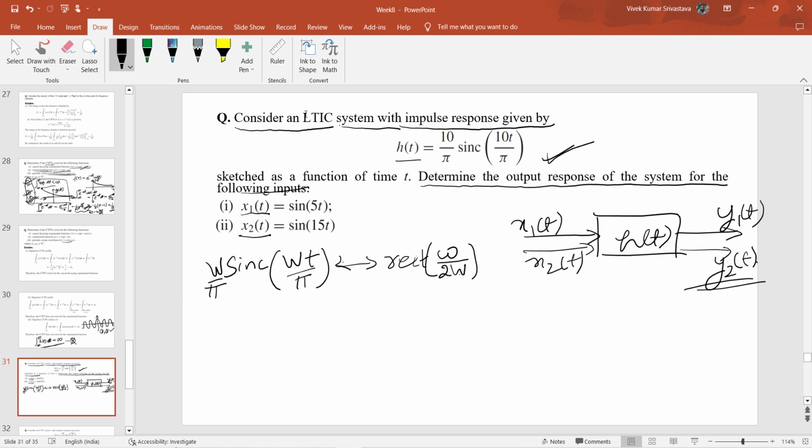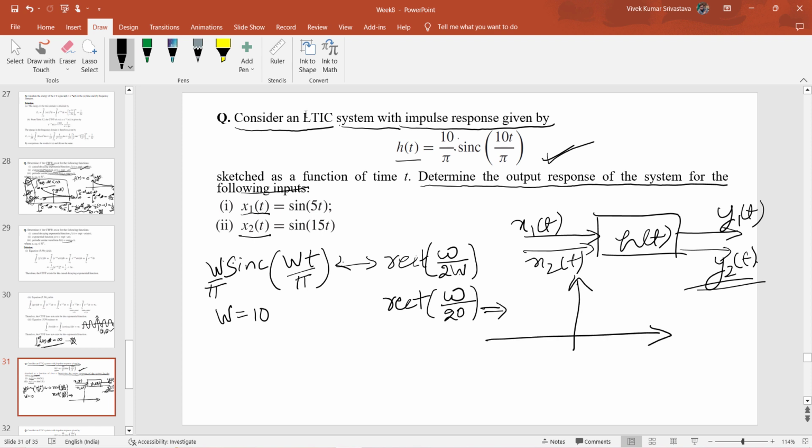From here, if we compare these two expressions, we will get W as 10. Now we put the value of W here, so this will be rect of omega by 20. So we can plot this rect of omega by 20.